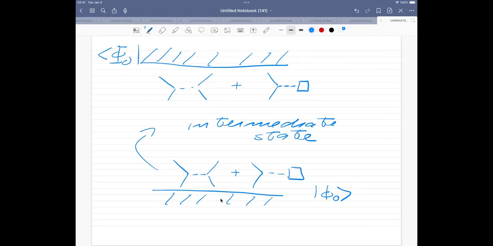Now, you can interpret this as a kind of physical process where particles are scattering, they collide, or there are some kind of reactions. The system lives in an intermediate state, which typically exists within the Heisenberg uncertainty relation, and then it decays back to the ground state.